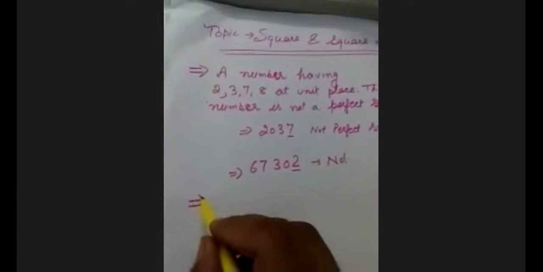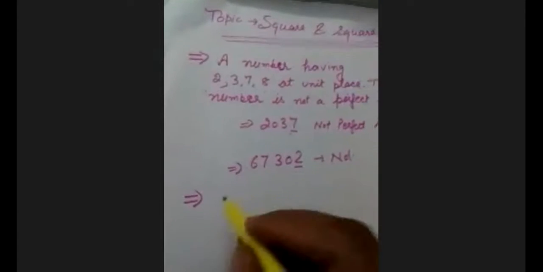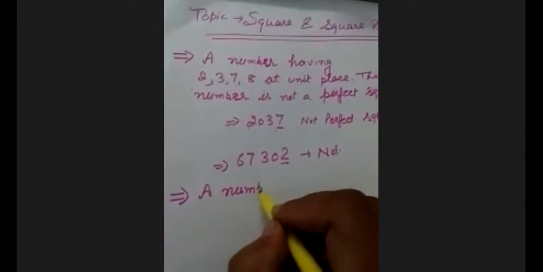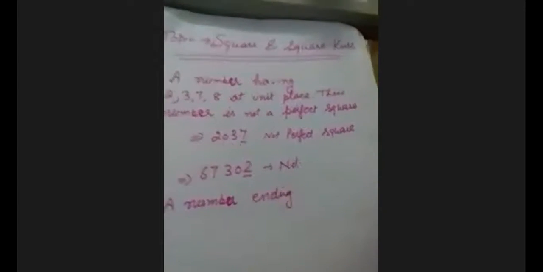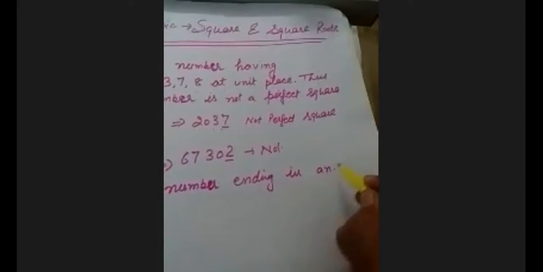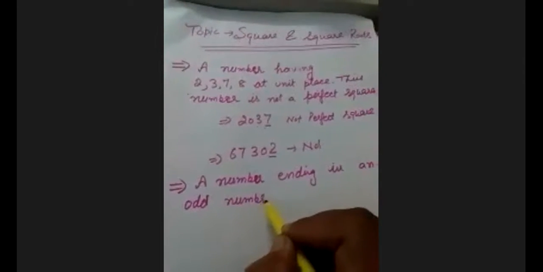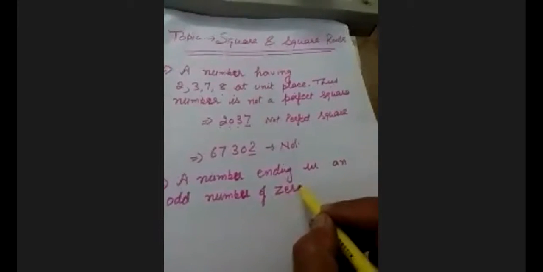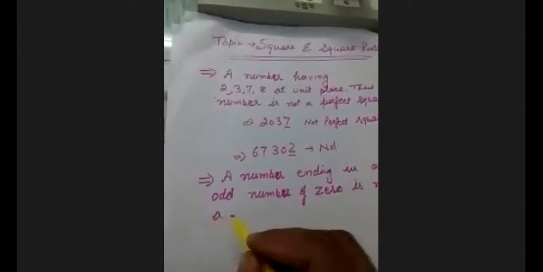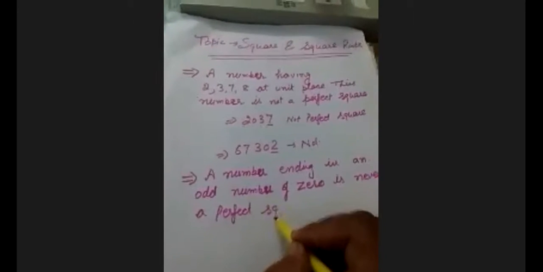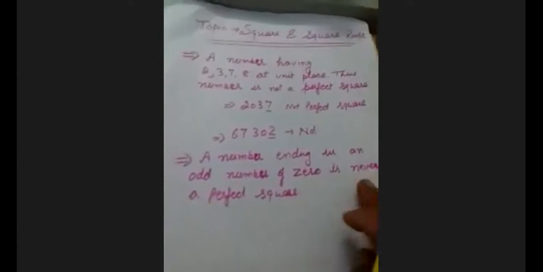Second property: a number ending in an odd number of zeros is never a perfect square.